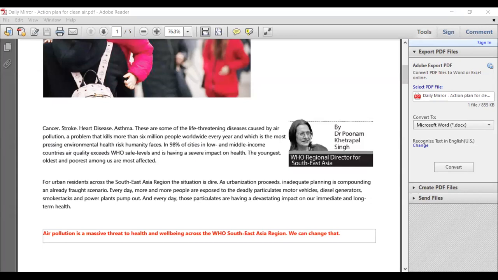This may be the first time you are noticing this. Caused by air pollution, this is a surprise, but this is a fact.